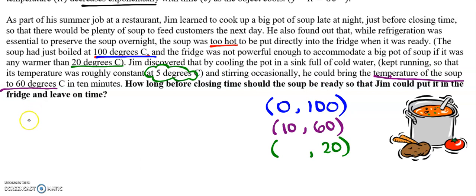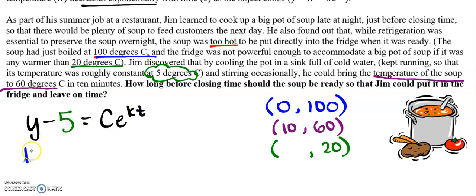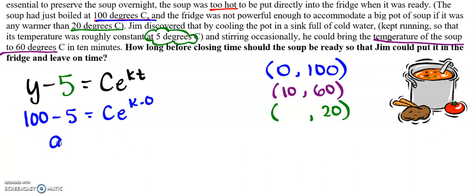So we got to use our new equation, y minus r is equal to c e to the kt. We have our initial condition of 100, so 100 minus 5 is equal to c e to the k times 0. So 95, this little 1, is equal to c.